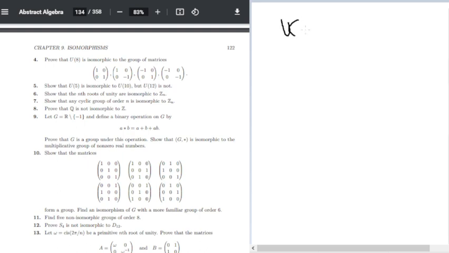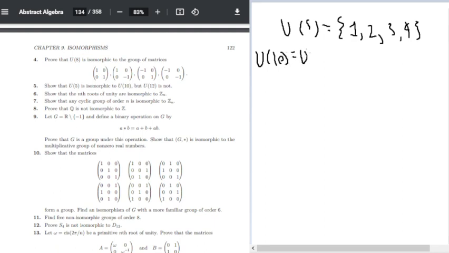U of 5 equals 1, 2, 3, 4. U of 10 is equal to U of 2 times 5, which is equal to 1, 3, 7, 9.